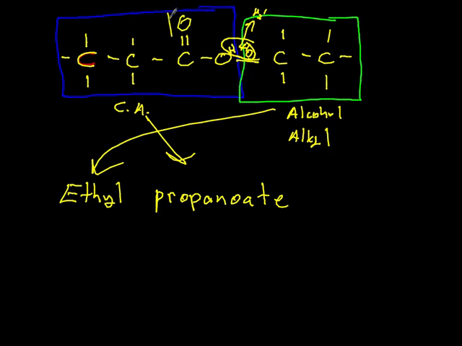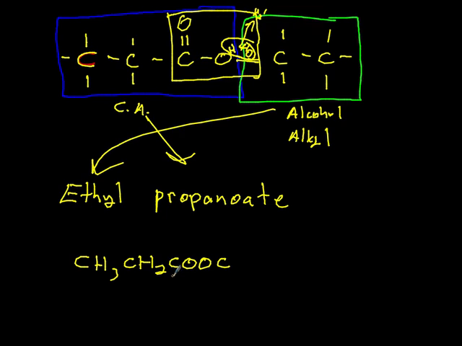And so this is our ester linkage, if you will. That's what makes an ester. If you want to write the condensed formula here, we have a CH3, and then a CH2, and then we have COOC, that's our ester right there, then CH2 and then CH3.